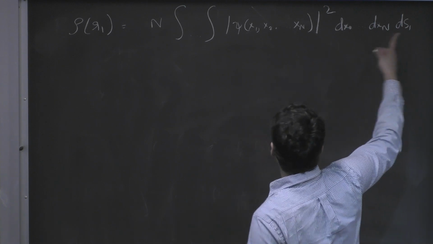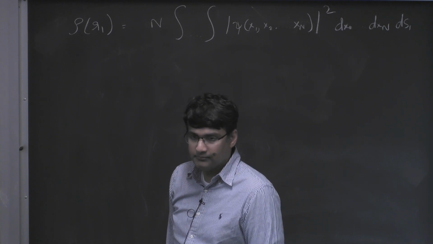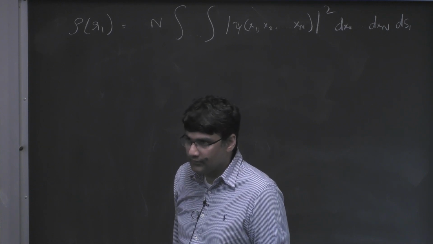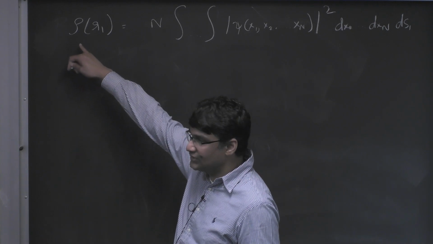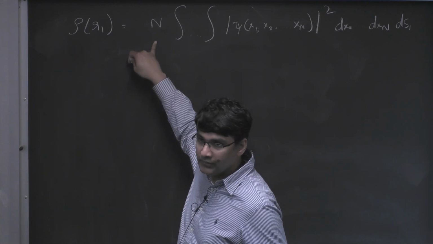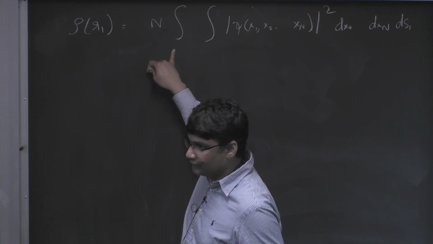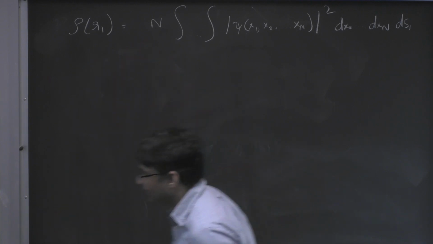If you integrate over all of them, it's a normalization, which is essentially saying that the integral of rho should be equal to N. You integrate the electron density rho and you end up getting the number of electrons in the system. So this is your electron density.